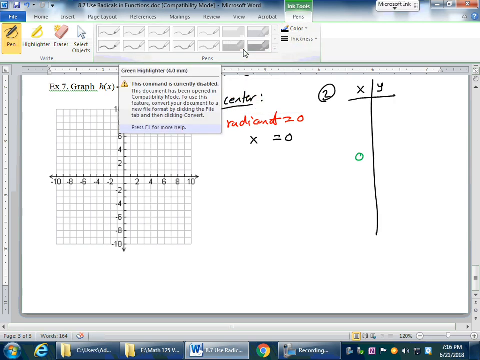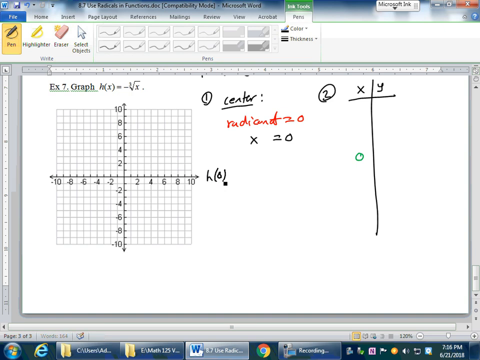So plug it in, h of 0, that is negative cube root of 0, which is going to be 0. If I plug in the next one, 1, that will be negative cube root of 1, which is going to be negative 1. The next perfect cube number on the right is 8, so negative cube root of 8 gives me negative 2.